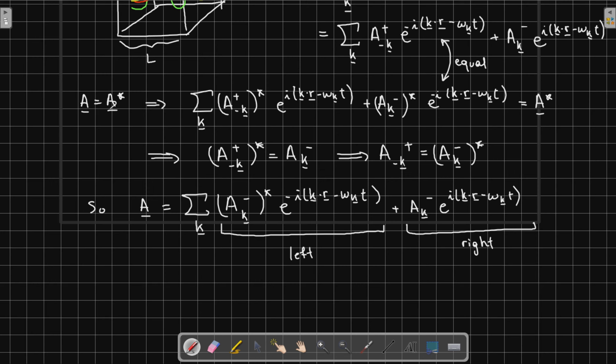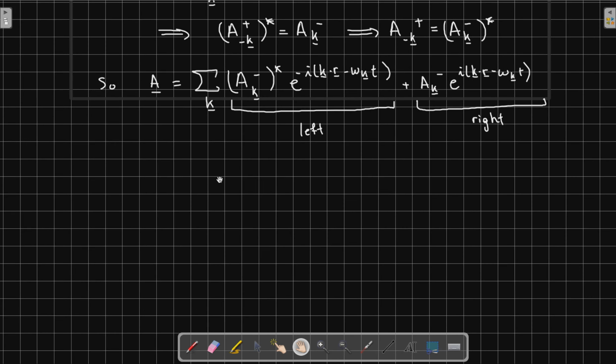Okay, now finally recall that an electromagnetic wave can have two different types of polarizations. It can be polarized perpendicular or parallel to the plane, and consequently, if I write A_k, these have to be vectors. Absolutely, these are all vectors.